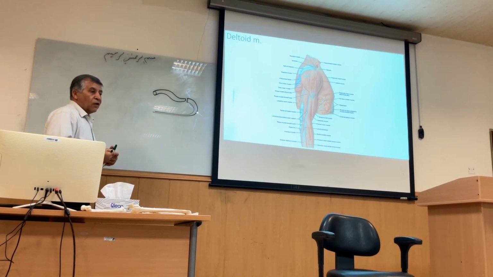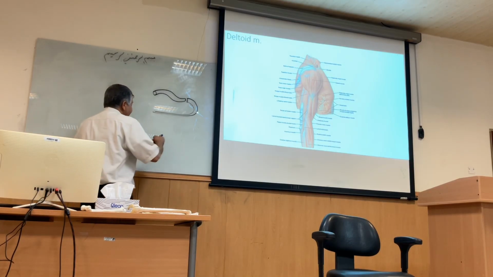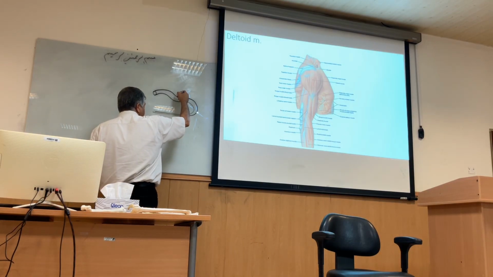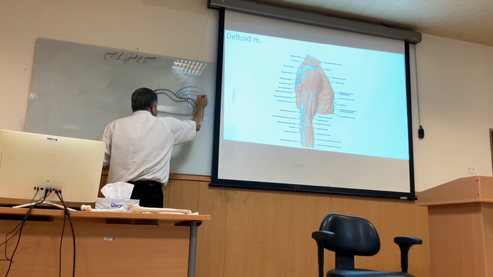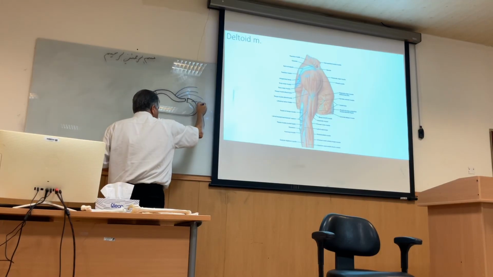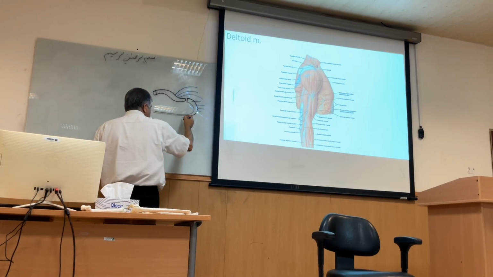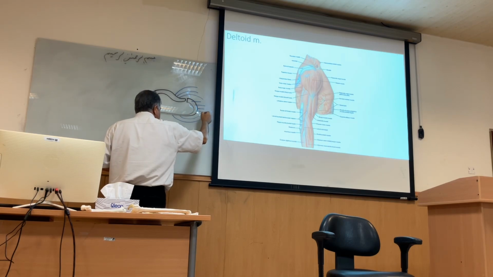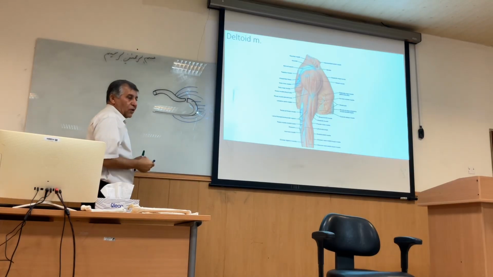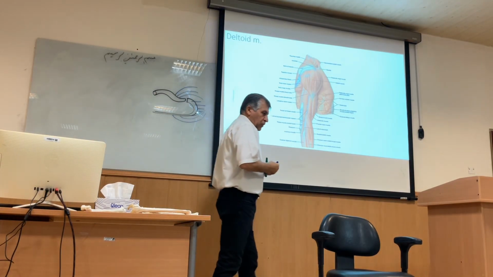Okay. Origin of the deltoid muscle is from the lateral half of the clavicle, the lateral surface of the acromion, and the inferior border of the spine of the scapula. Okay? This is the origin of the deltoid muscle.